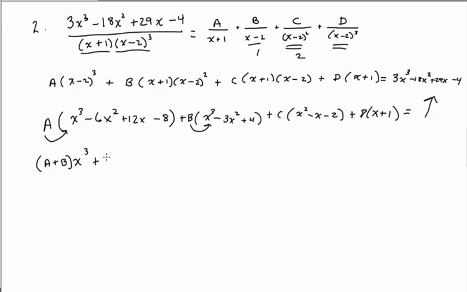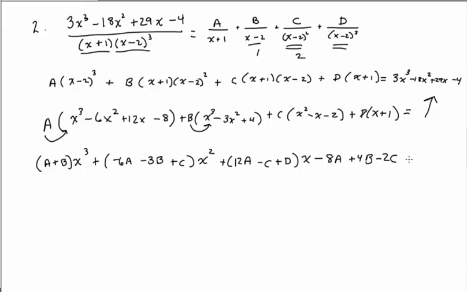Continuing along, plus negative 6a minus 3b plus c will precede any x squared, plus 12a minus c plus d will precede the x. Now our constants, we have a negative 8a, we have a plus 4b minus 2c, and finally plus 1d.